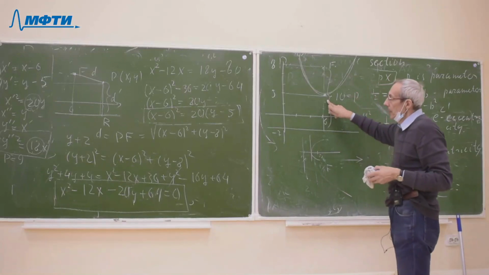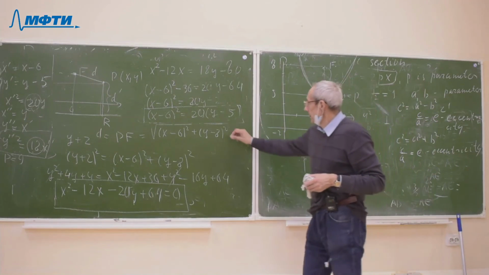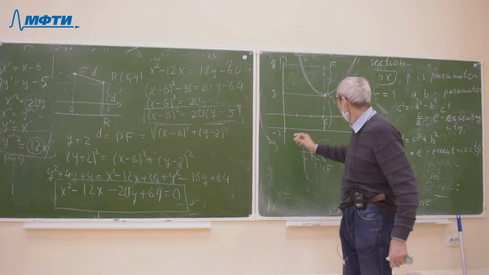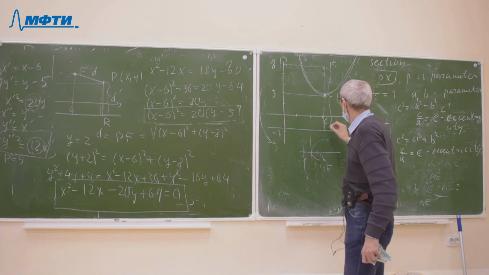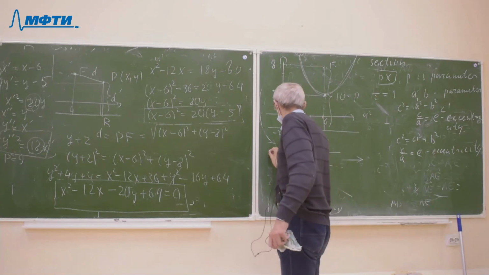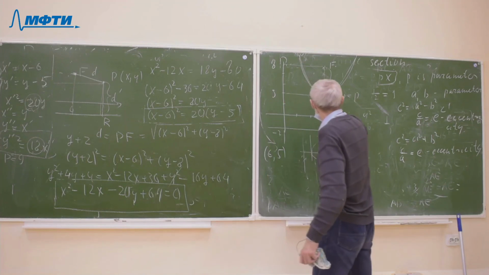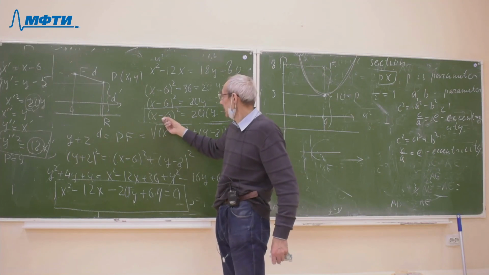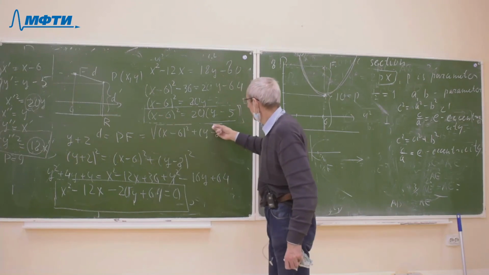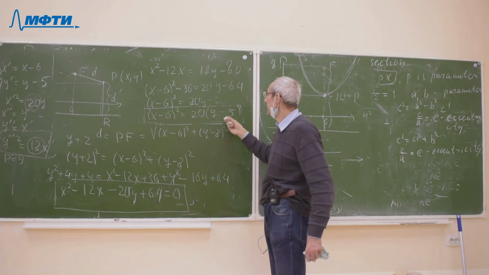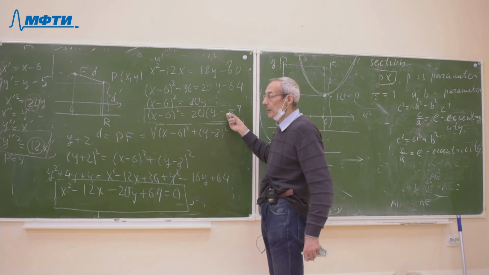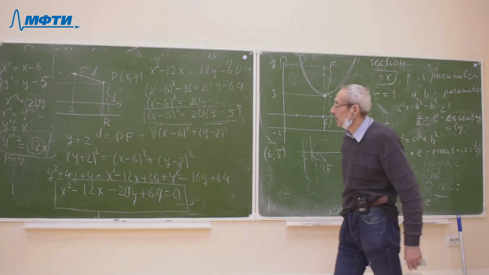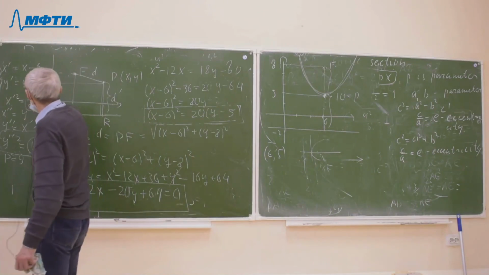Also, we draw this parabola. The coordinates of the vertex are 6, 5, and it's easy to see that for x equal 6 the left hand is equal 0, and y is equal 5, and the right hand is also equal 0, and we obtain the coordinates of the vertex of the parabola.